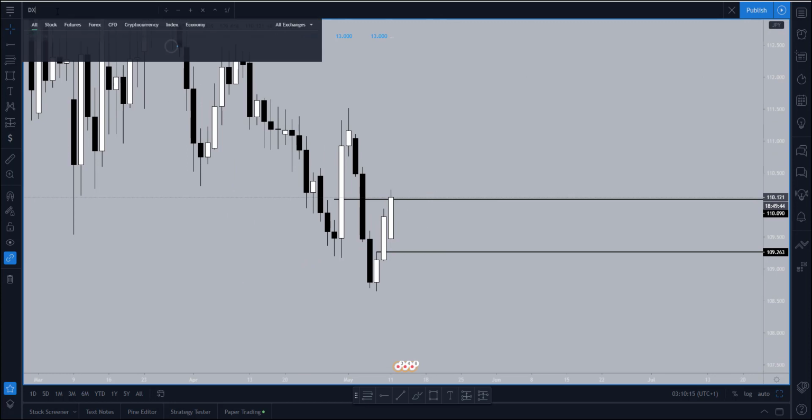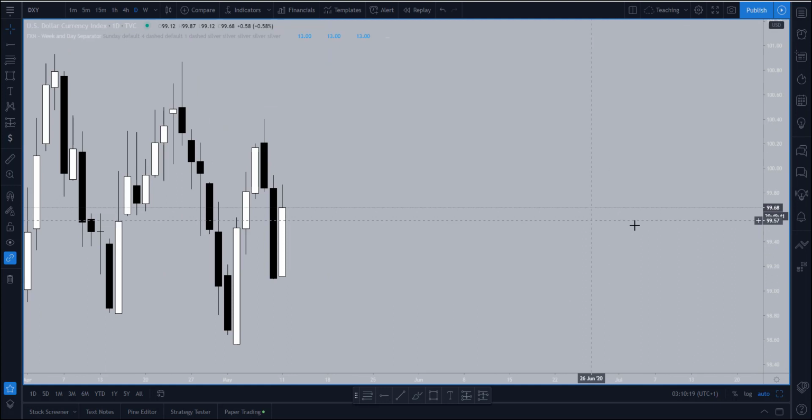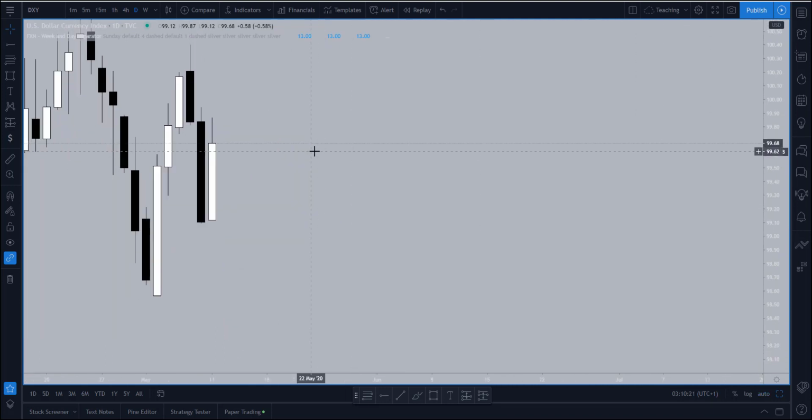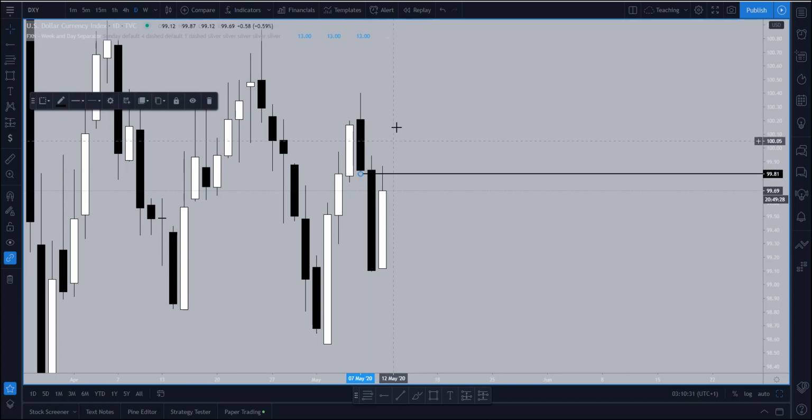Let's look at that one, which was the dollar index. So on the dollar index, okay, we had a 1, 2, and then on the third, which was on Friday, I was looking at. So let's look at the close on this candle. It's 99.84.